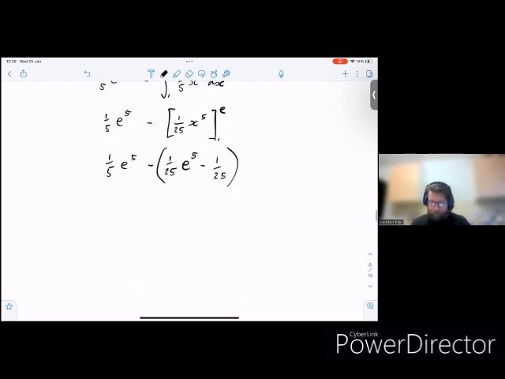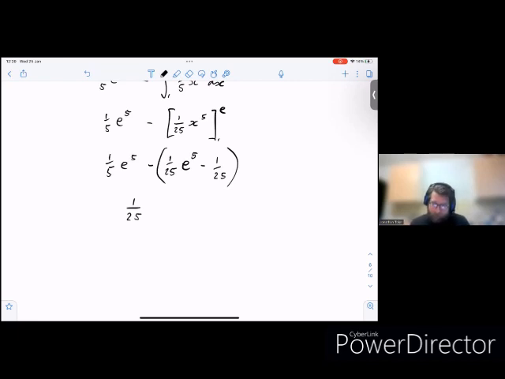Okay. So we've got 1 over 5 e to the 5 minus 1 over 25 e to the 5, and we've got minus 1 over 25. A fifth is 5 25ths.